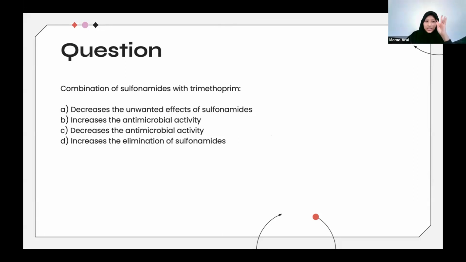This is a very important concept. I know you probably know it. I'll explain the mechanism of action of both sulfonamides and trimethoprim after this, but it's important to know why we administer them together to the patient. Does anyone have other answers, because there's only one.